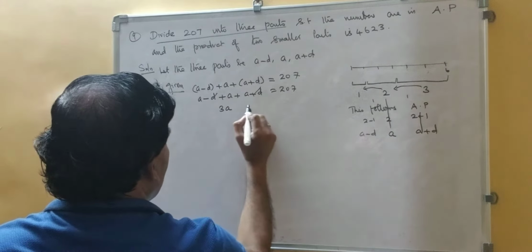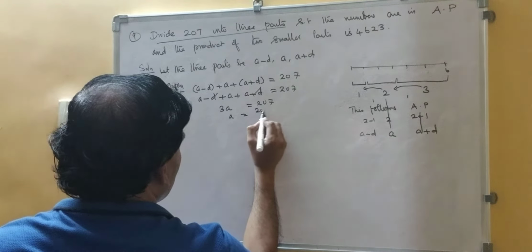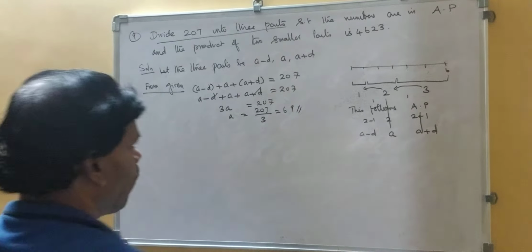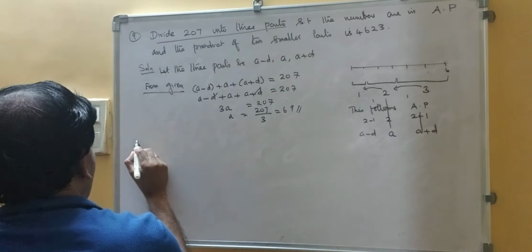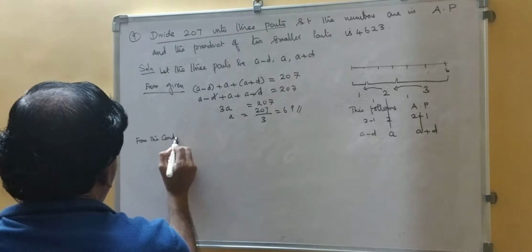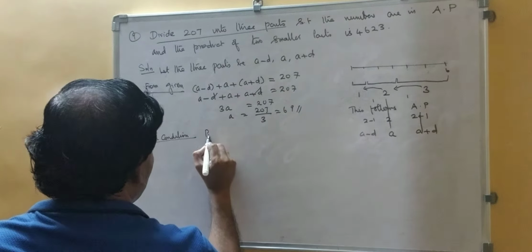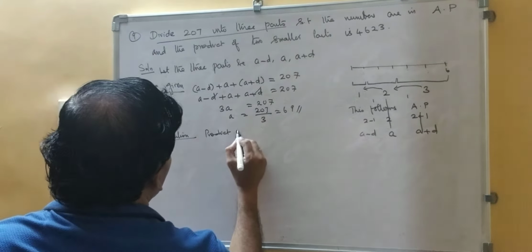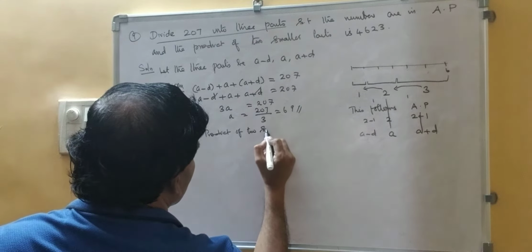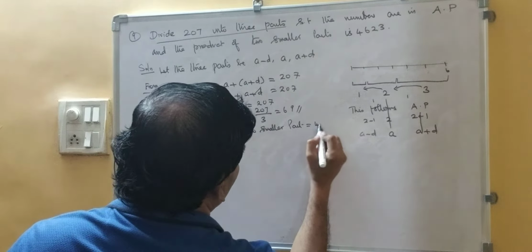So, 3A equal to 207. Therefore, A equal to 207 upon 3 equal to 69. Now, what is the second condition? From the condition, the product of the two smaller parts equal to 4623.